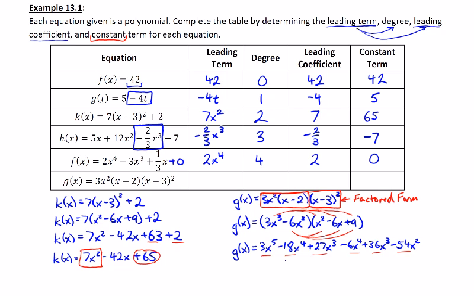But what I want to do now is check to see, do I have any terms that are considered like. The first term does not have another term that's like it, so I will just copy down 3x to the 5th. Then negative 18x to the 4 and negative 6x to the 4.